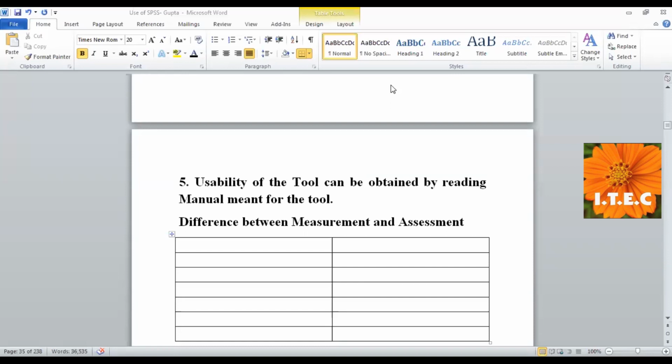I repeat, standard error indicates the differences amongst the group. So this is the difference between the standard deviation and the standard error.